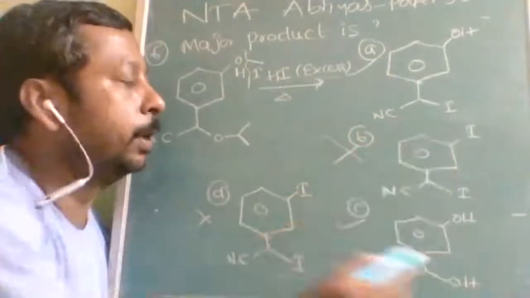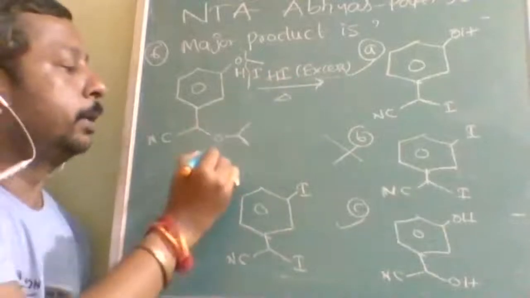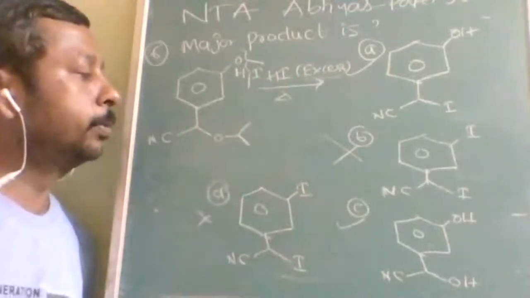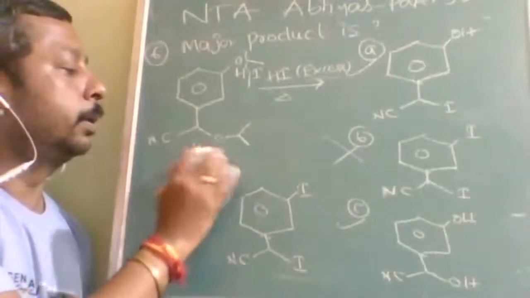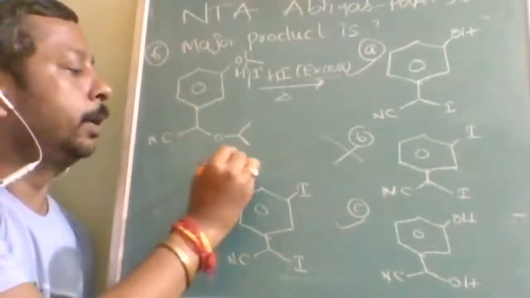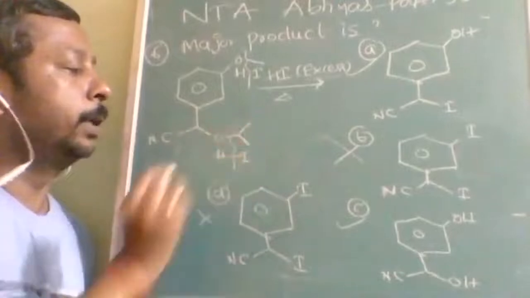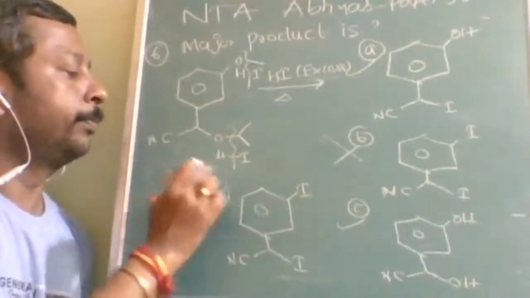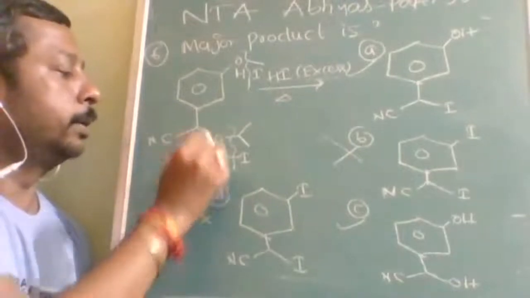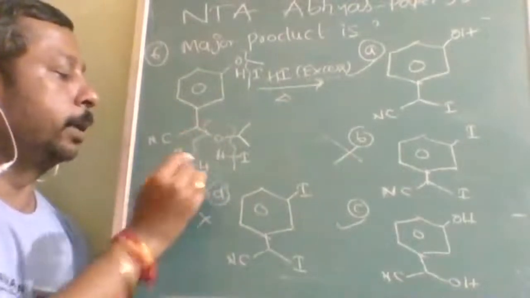Now let us come to this part. Iodine or OH. When HI approaches here, there are two options. If H and iodine break like this, it is one product. If iodine and H break like this, it is another product. Which is better?